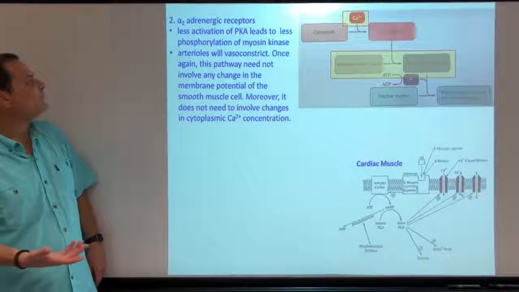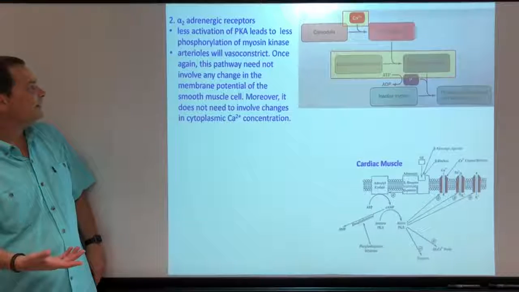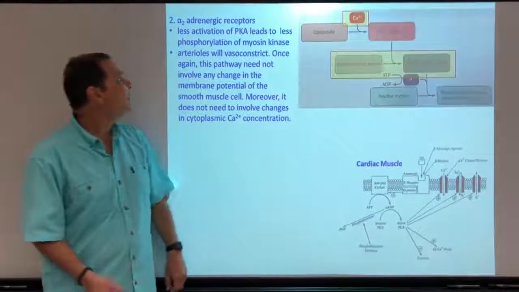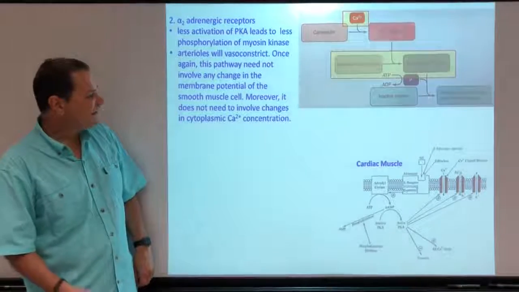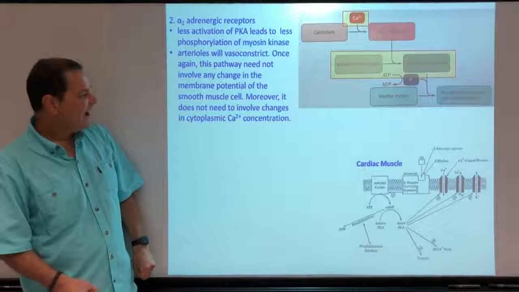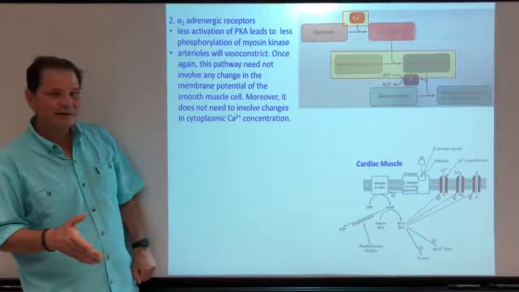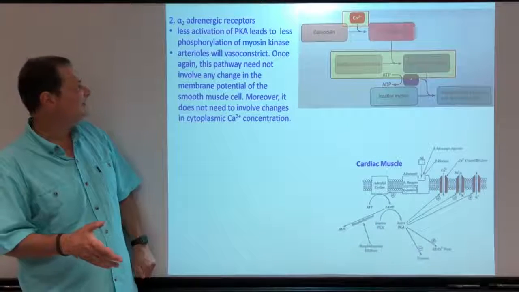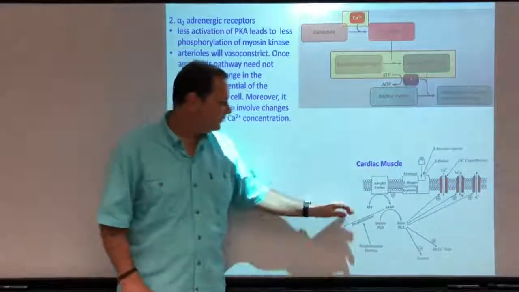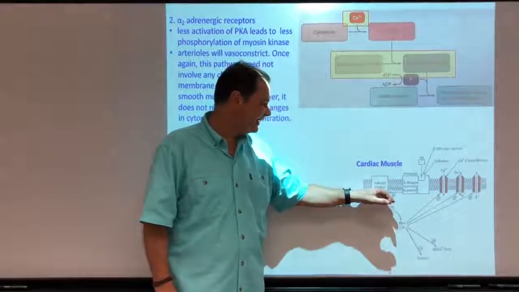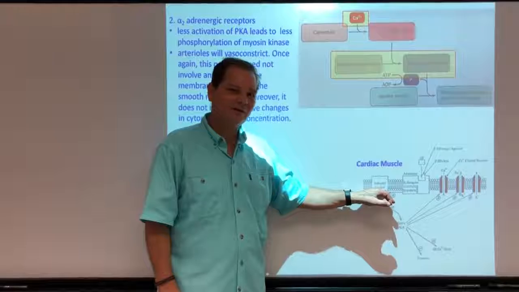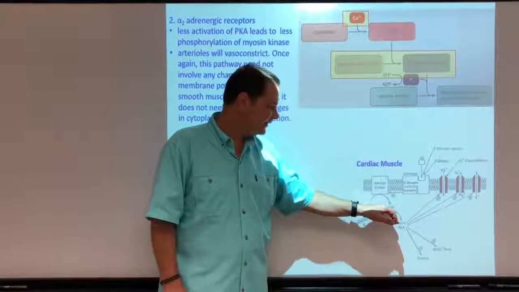So we have alpha-2 adrenergic receptors, and these actually act sort of like what the parasympathetic nervous system did. What they do is they decrease activity of adenylyl cyclase. They decrease cyclic AMP.